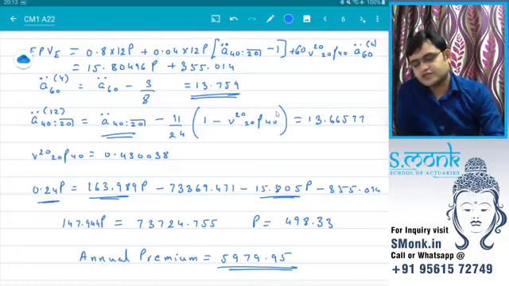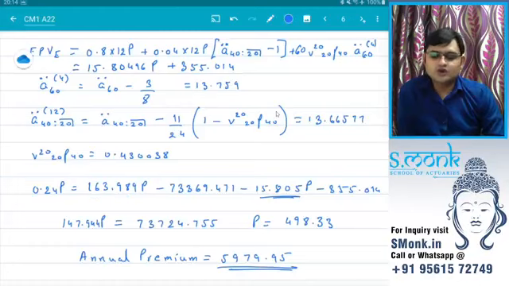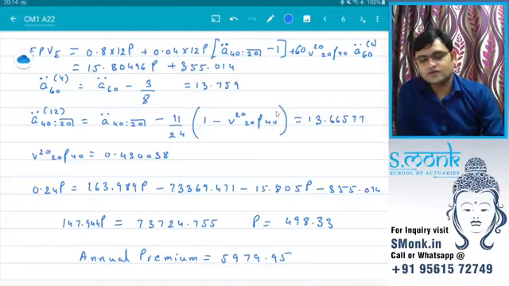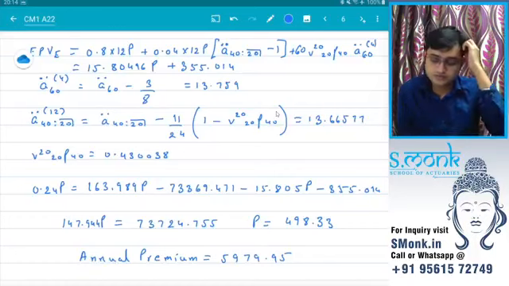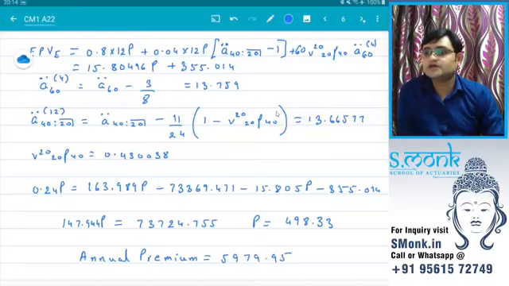So as I said, the concept is very straightforward, but calculations are definitely long. And we make a lot of mistakes at the beginning. You will definitely make mistakes in making the equation, and later on you will be making mistakes in calculation as well.